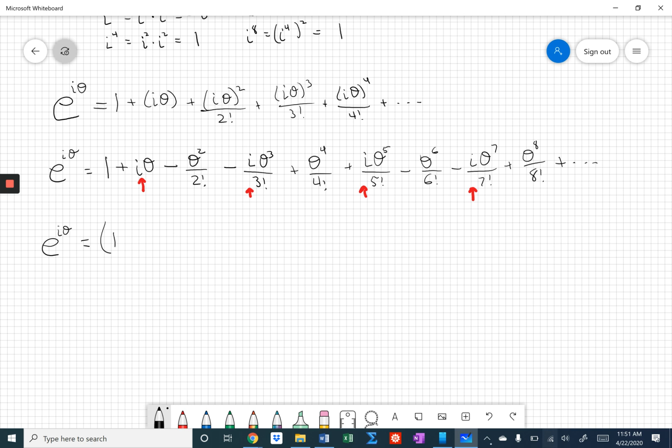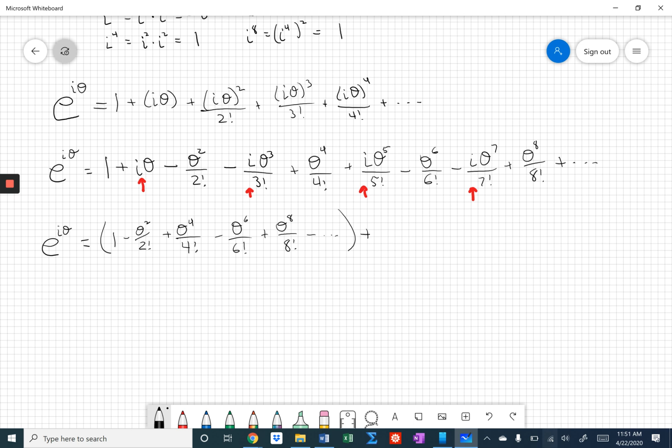So let's do 1 doesn't have an i, minus theta squared over 2 factorial, and then plus theta to the 4th over 4 factorial, minus theta to the 6th over 6 factorial, plus theta to the 8th over 8 factorial, minus dot, dot, dot. I don't need a general term here, but that's what I got. I'm just going to continue.